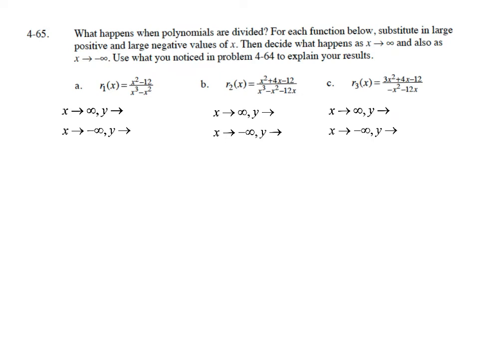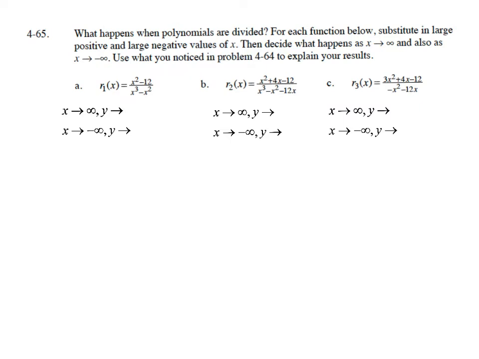So if I examine r sub 1 of x, and I only look at x squared over x cubed, well, as x gets large, my denominator is going to grow faster than my numerator. Therefore, as x goes to positive infinity, r sub 1 of x has to go to 0 because the denominator keeps getting larger and larger.